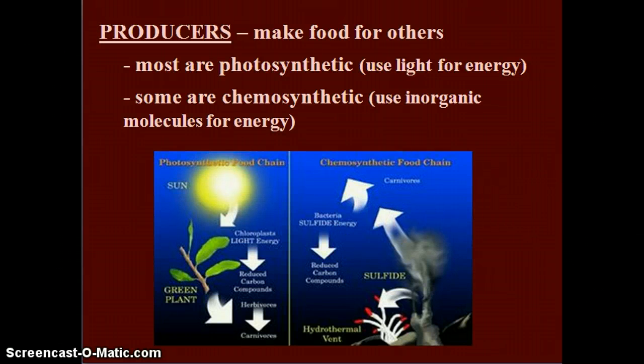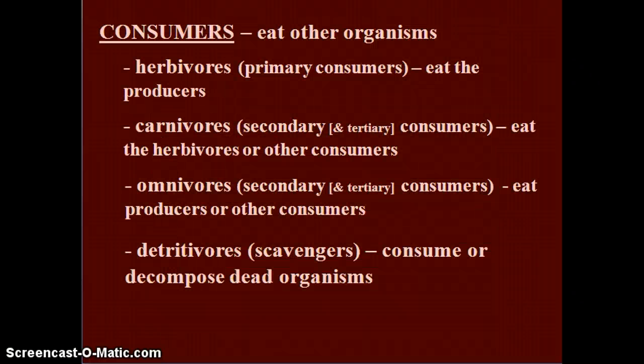The next slide is consumers. Consumers, they eat other organisms. So if they're not producers, they're consumers. Examples of consumers are herbivores. If you look and you see the word herb, they eat the producers.